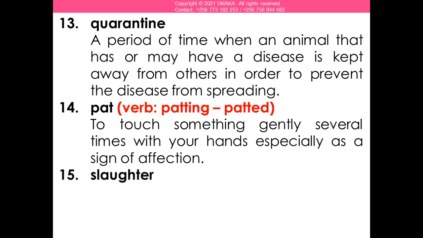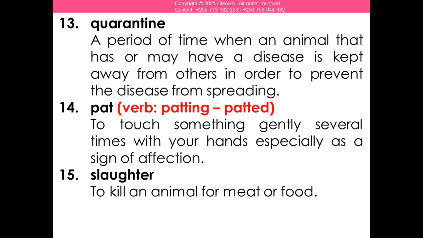Then we have slaughter. Some of you assume slaughter is one of the practices that tortures animals. No. When you slaughter an animal, you have not tortured it. Why? Because it will not feel pain for long.